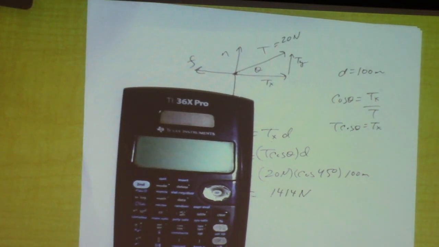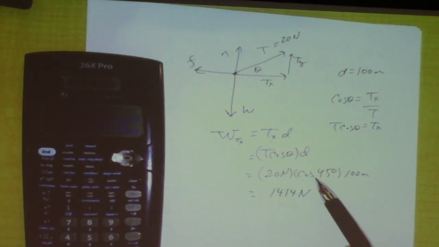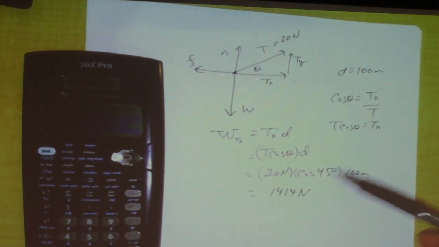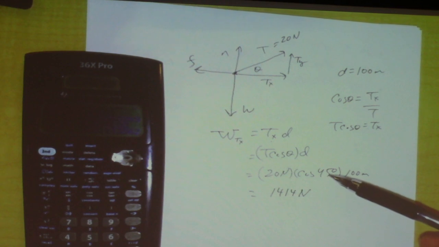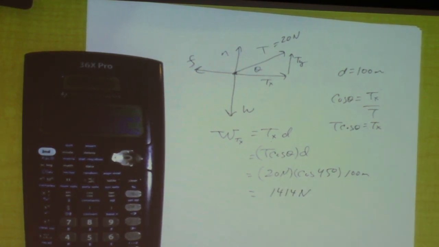So we got 20 cosine of 45 times 100. Good, 1414. The cosine of 45 is one that you could remember without too much trouble. And then times 20 and then times 100. Okay?